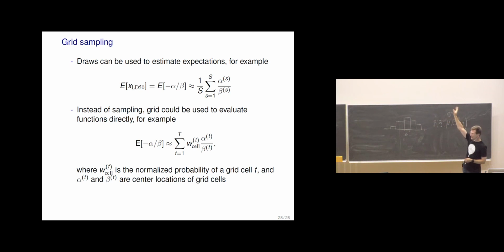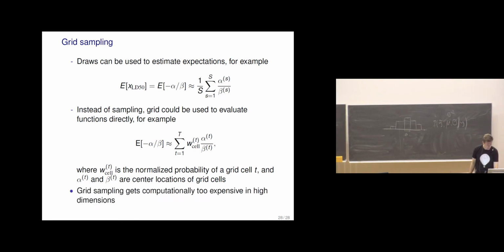In the sampling we have a bit of additional variation from the sampling procedure, and we need a few more of these draws. But when we go to higher dimensional examples, it just happens to be that in the general case it's so much easier to use these random sampling approaches, and these deterministic ones are good in special cases. The grid sampling gets computationally too expensive in high dimensions.